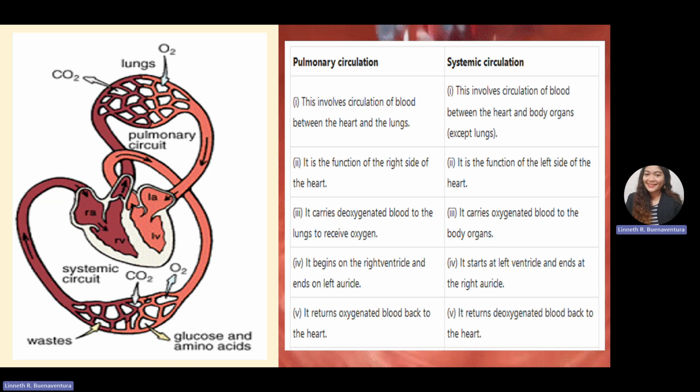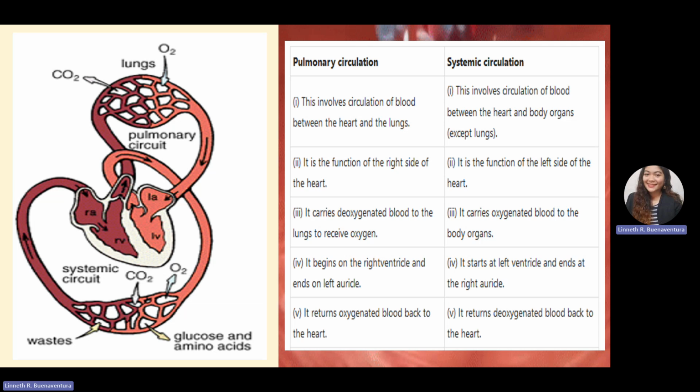On the other hand, we have systemic circulation. This involves circulation of blood between the heart and body organs except the lungs. It is the function of the left side of the heart, the left atrium and left ventricle. It carries oxygenated blood to the different body parts.